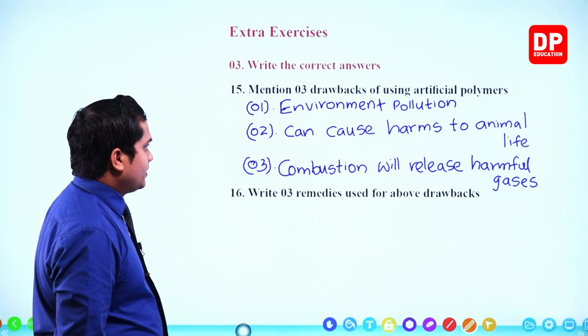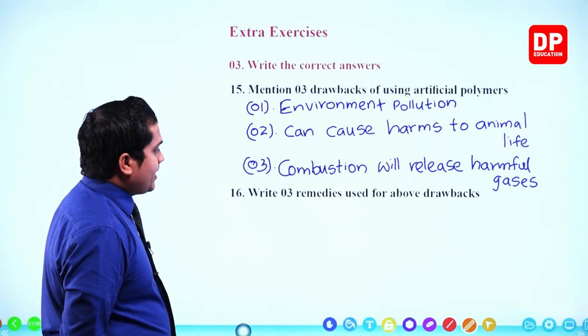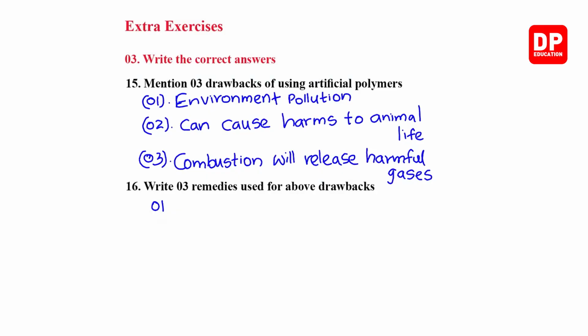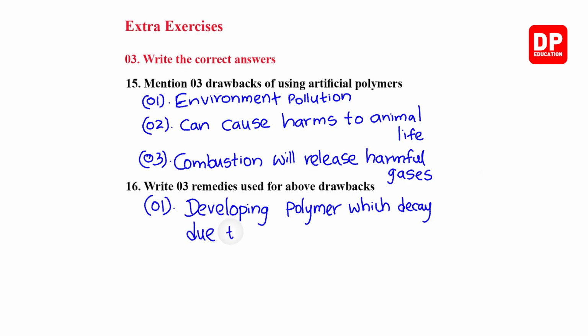Next one. Write 3 remedies used for above drawbacks. Okay. Number 1. Developing polymers which decay due to sunlight.